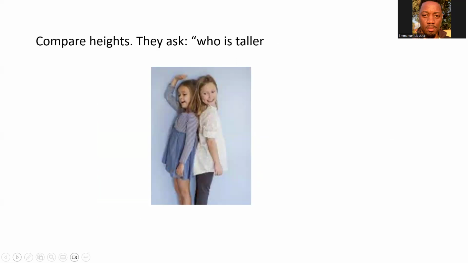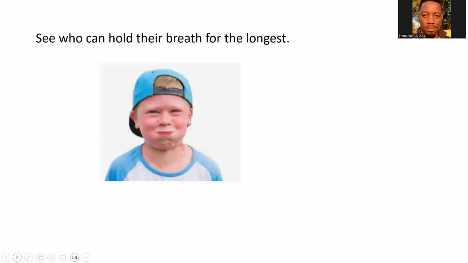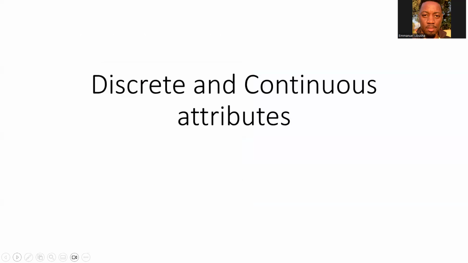Although they won't use exact measurements, because of the difference in length they can tell who is taller. They can see who can hold their breath for the longest. Part of this is measurement, whereby learners can describe these particular attributes without learning the units of measurement.